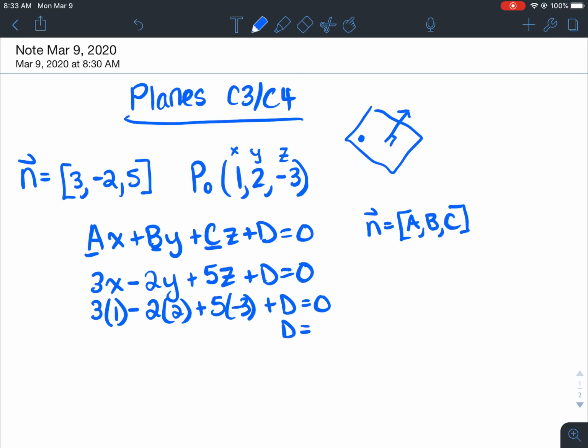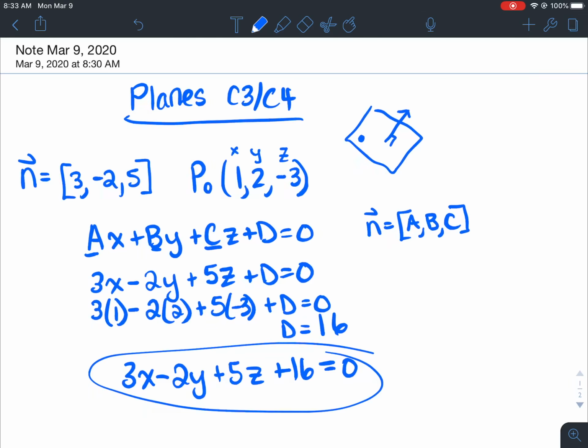I think D is going to equal 16. So now we know the scalar equation of our plane will be 3x minus 2y plus 5z plus 16 equals 0. So it's very easy to get the scalar equation of a plane if we know the normal vector. That's awesome because that's just what the coefficients in front of x, y, and z stand for.